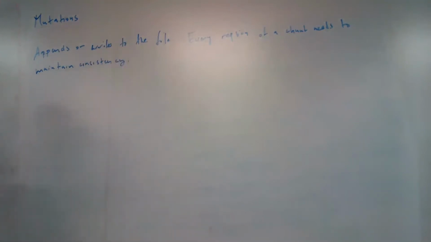And this is always the case with these distributed file systems. When you go to do a write, you have to make sure that the write completes in the same order on every replica, or that it fails on every replica. Otherwise, you get inconsistency.